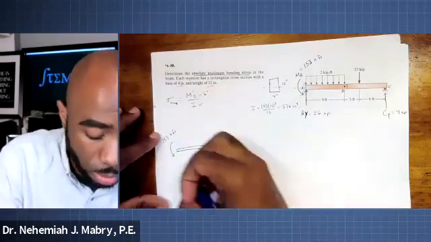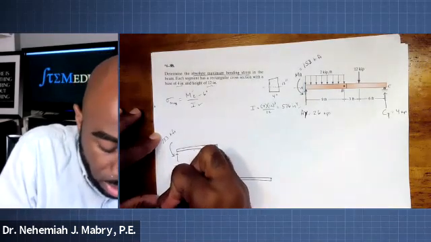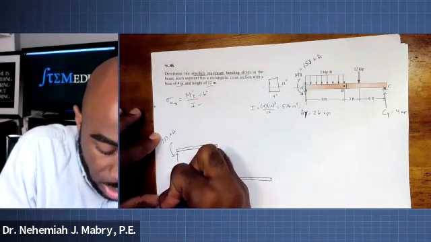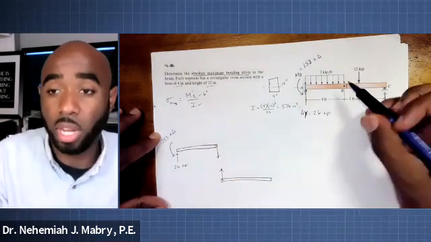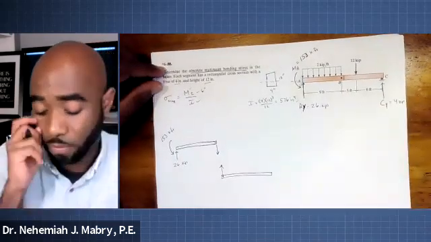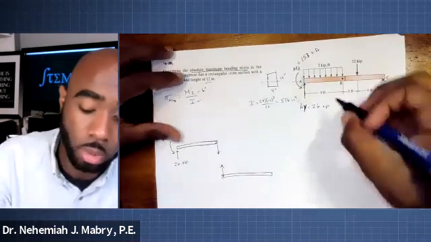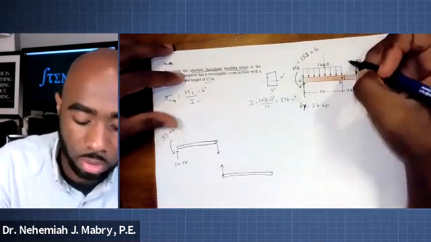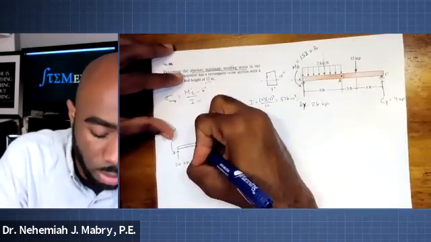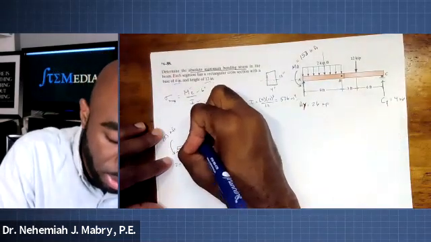We know there is a vertical force here of 26 kips. And here there's a distributed load of 2 kips per foot across 9 feet. So 2 times 9 gives us a resultant of 18 kips that acts right in the middle of this portion.